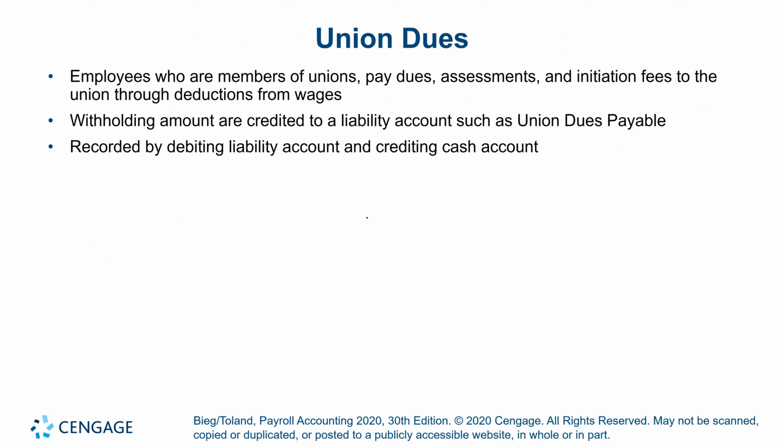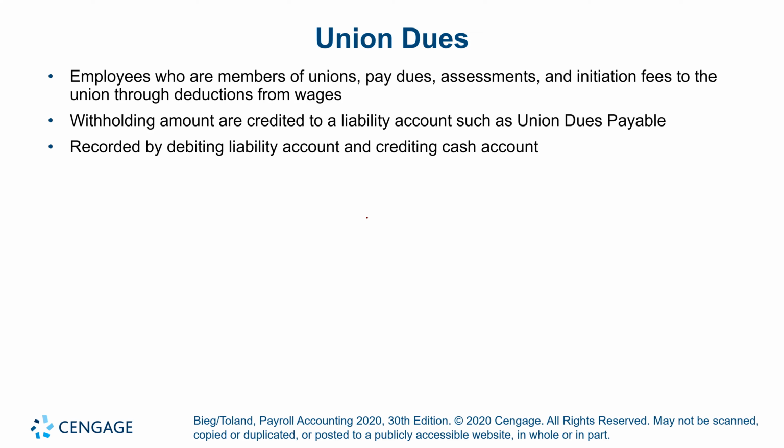Okay, union dues. Employees who are members of unions pay dues, assessments, and initiation fees to the union through deductions from wages. Withholding amounts are credited to a liability account such as union dues payable, recorded by debiting the liability account and crediting the cash account.